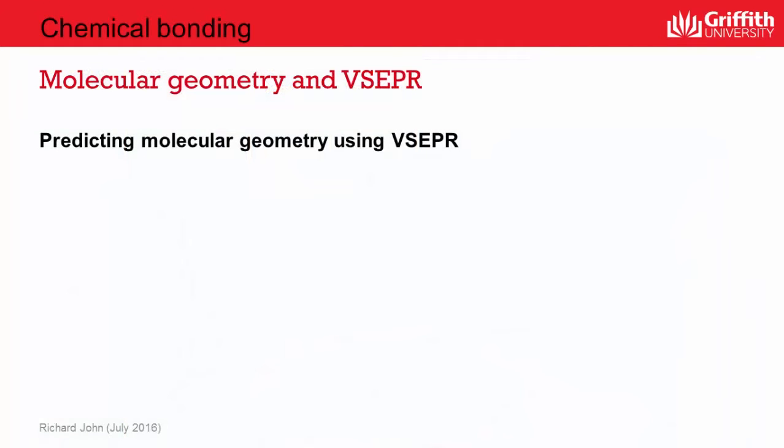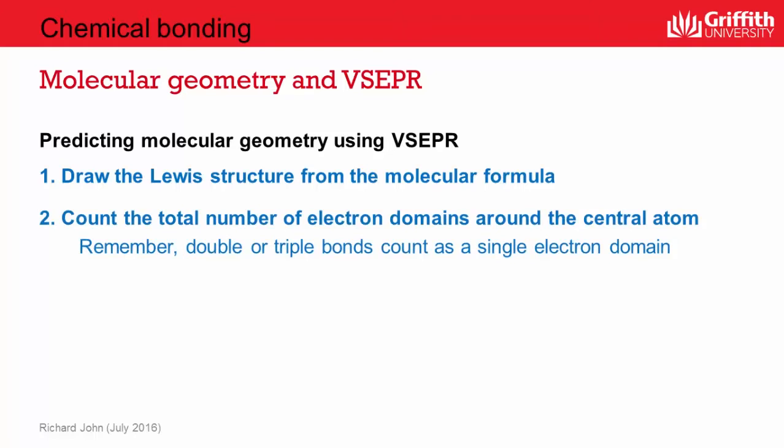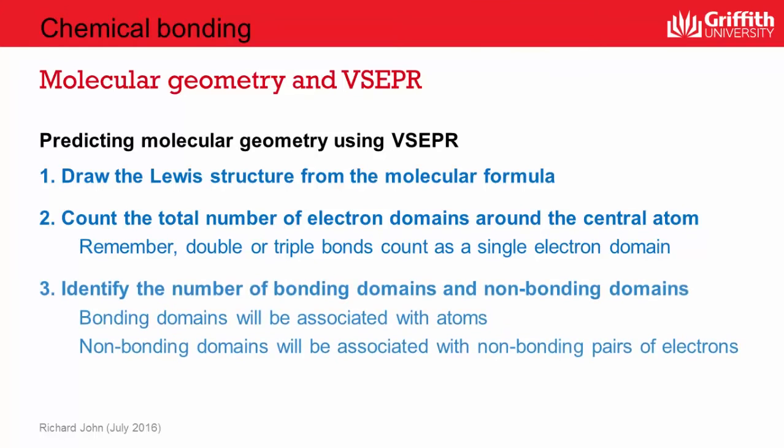So the steps required to predict molecular geometry using the VSEPR model can be summarised as follows. We need to draw the Lewis structure from the molecular formula given. We need to identify and count the total number of electron domains around the central atom. And remember, double or triple bonds count as a single electron domain.